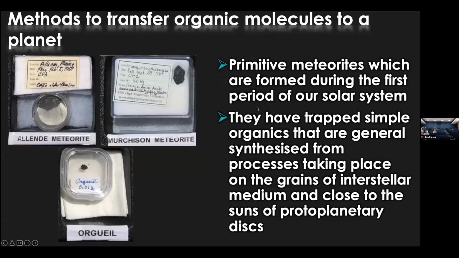But very, very little material because it's absolutely very expensive. So these are primitive meteorites which formed during the first period of our solar system, and they have trapped simple organics that are generally synthesized from processes taking place on the grains of the interstellar medium and close to the suns of protoplanetary disks. You've heard already earlier how this is done.